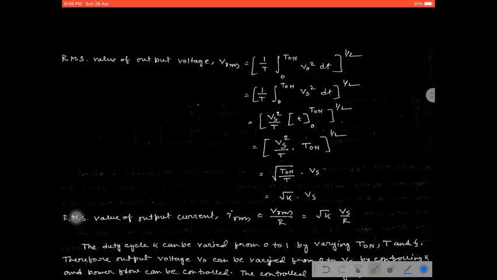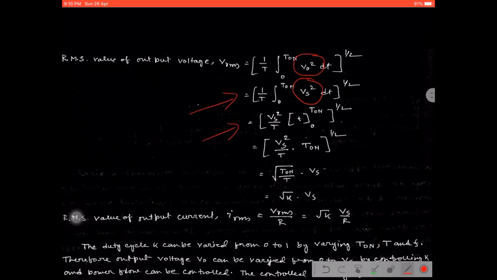So after simplification, we can mention the equation, that is 1 by T integration of 0 to T on Vs square, as V0 equal to Vs, right? After simplification, we will get Vs square T on by T, under root.